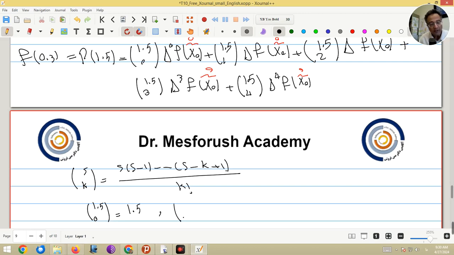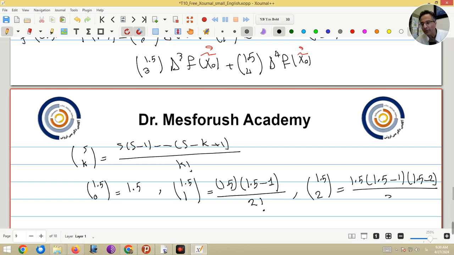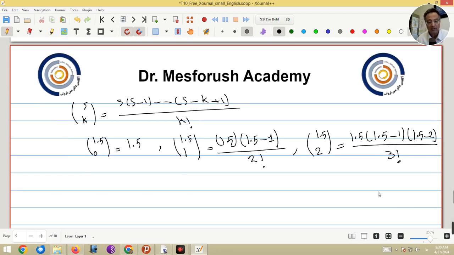Or for example, for 1 of 1.5, it will be 1.5 times 1.5 minus 1 over 2 factorial, and that's all. Okay, and in the same way, for 2, I can write this one in this form, 1.5 times 1.5 minus 1 times 1.5 minus 2 over 3 factorial, and so on.